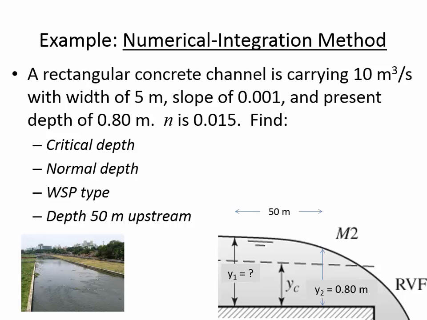And the slope is 0.001 to the 1/2 power. So we solve for the normal depth here and get that the normal depth is 1.124 meters.